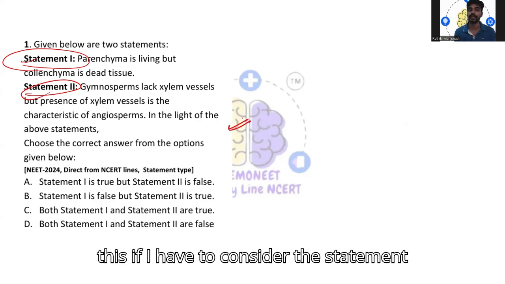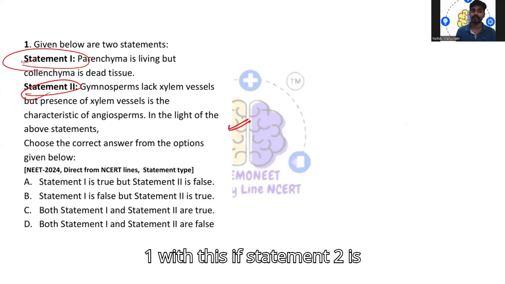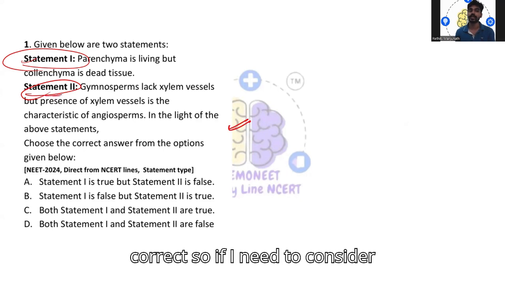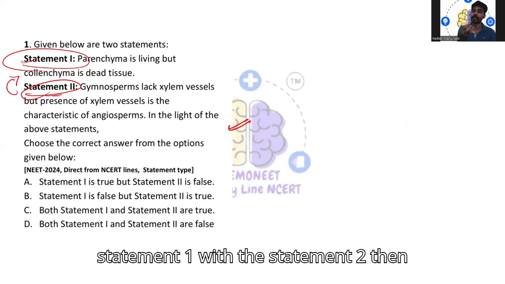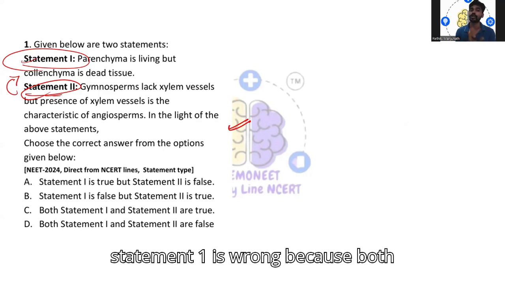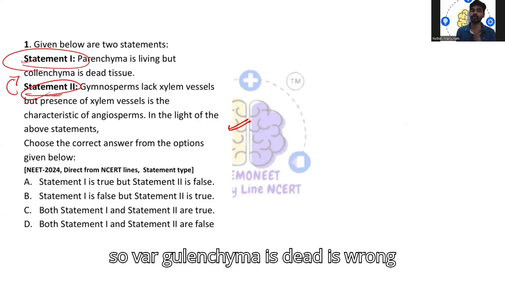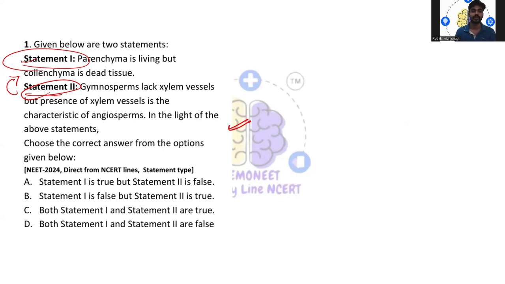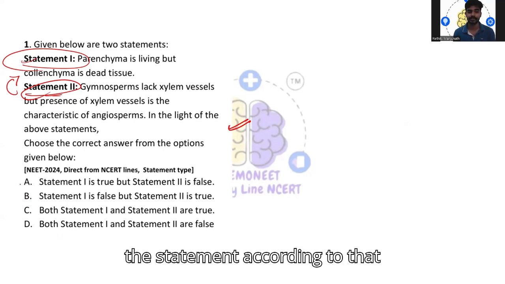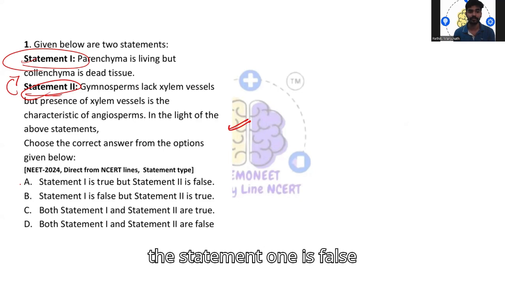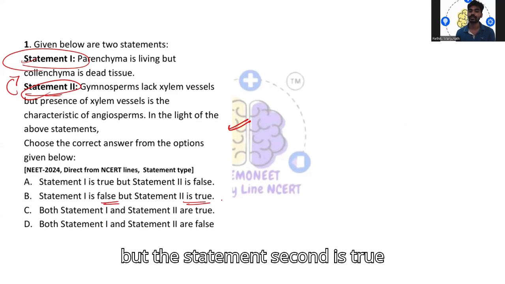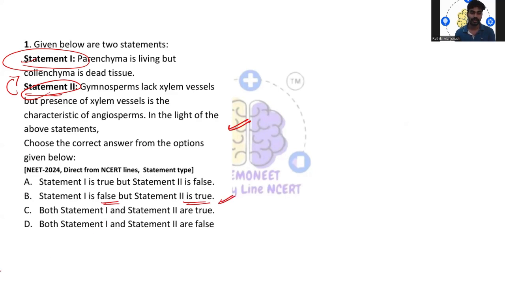If I consider statement 1 with statement 2, then statement 1 is wrong because both parenchyma and collenchyma are living, so saying collenchyma is dead is wrong. According to that, statement 1 is false, but statement 2 is true. Let us see the answer.